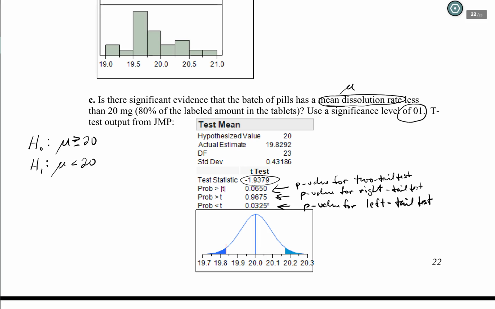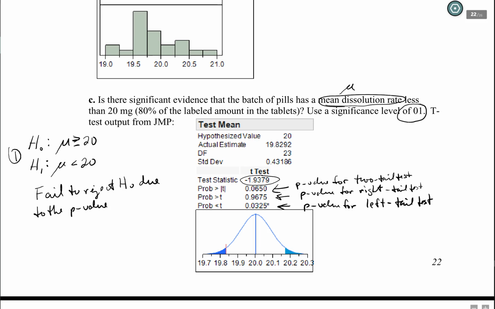So what we would do here is we would fail to reject H0 due to the p-value being larger than the alpha 0.01.